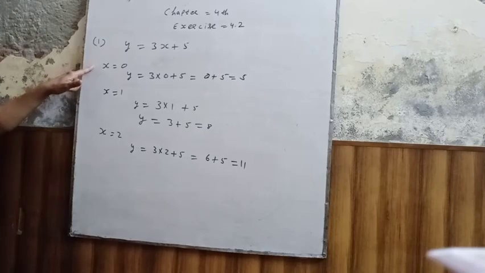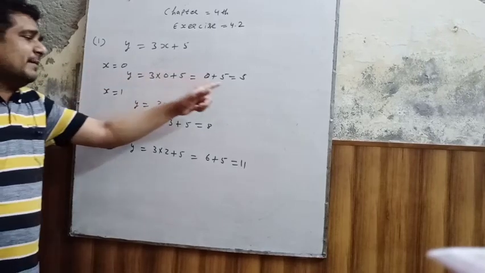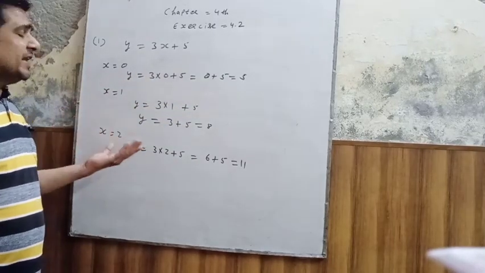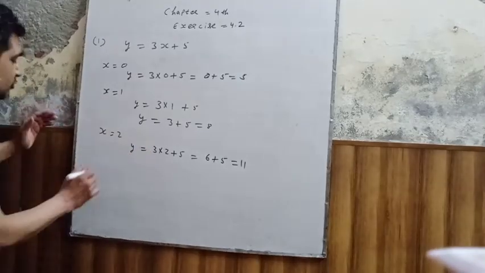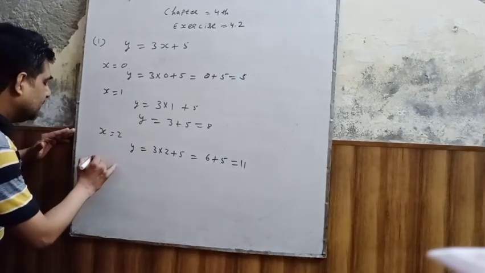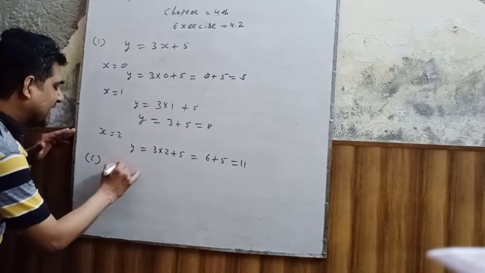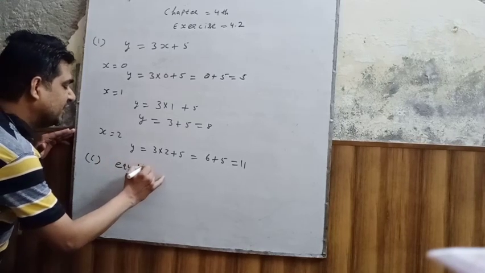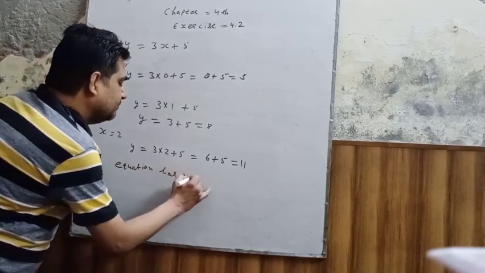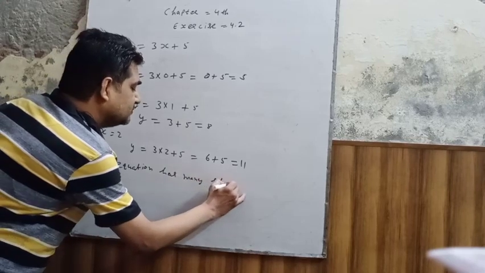We put many values of x and get the value of y. So the equation has infinitely many solutions. So option C, the equation has infinitely many solutions.